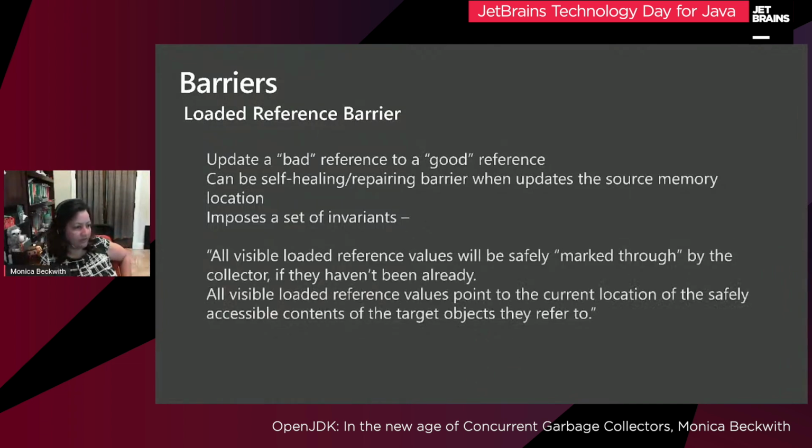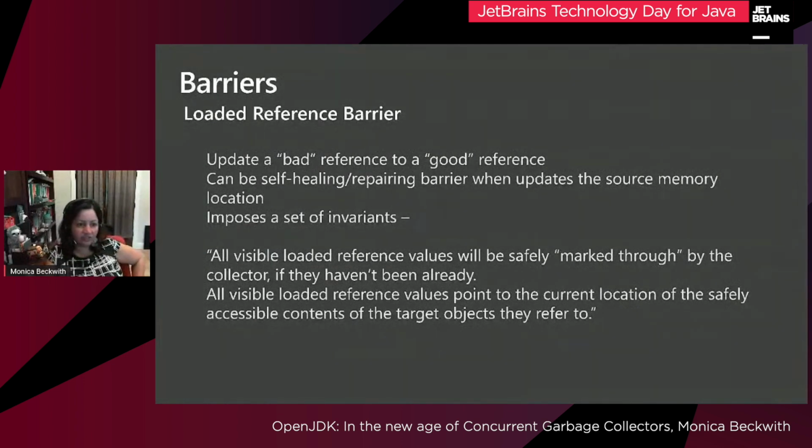The other guarantee is that anytime you have a loaded reference value, it's the responsibility of whoever encounters it to make sure that it's marked through. That's when I talked about, if the mutator didn't do it, then it's the collector's responsibility to do that. That's a guarantee that the collector provides to you.